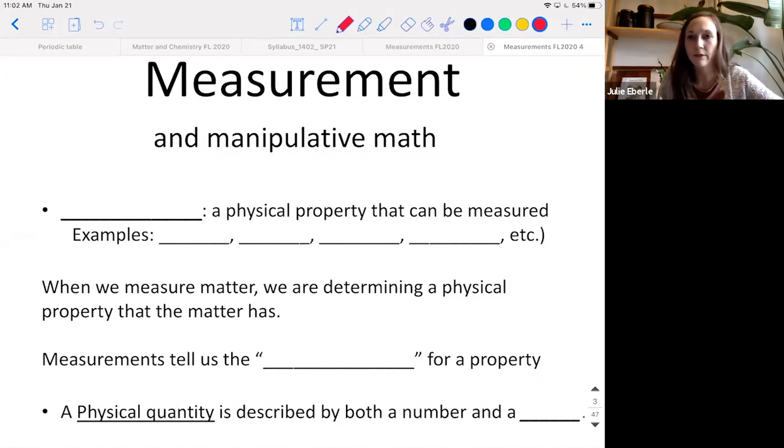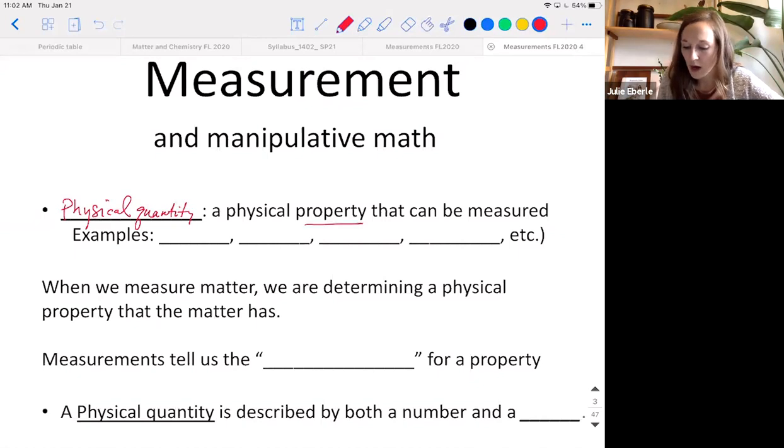Measurements. If you remember from Tuesday, we talked about chemistry being the study of matter. And one of the ways we study matter is we observe different properties of the matter. Some of the properties we listed that we could observe were things like mass, temperature, density. But what we're doing is we're looking at a physical quantity, and that's our first blank, that the matter has.